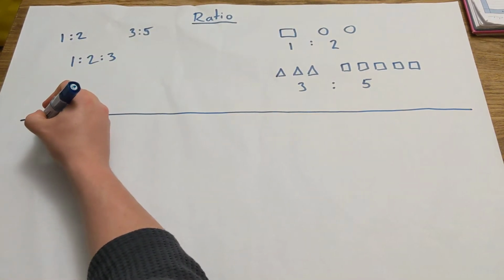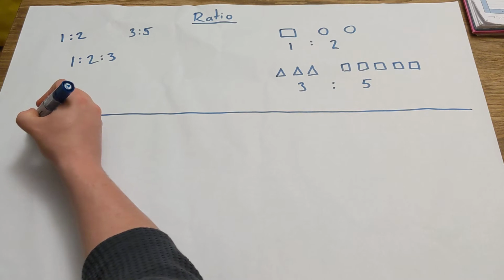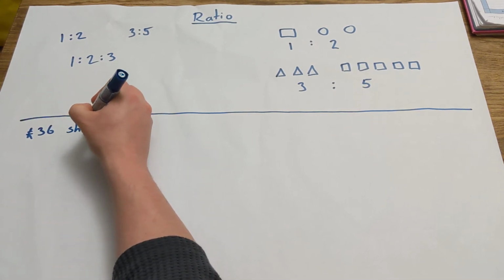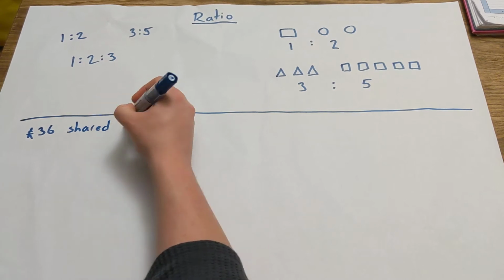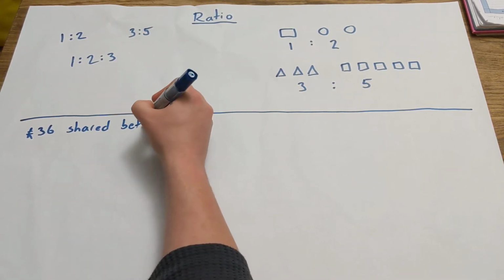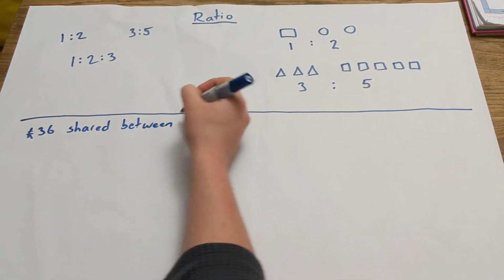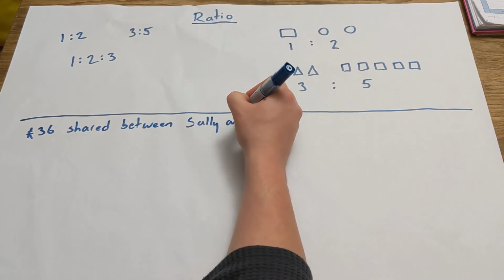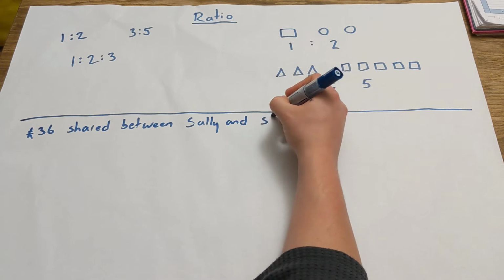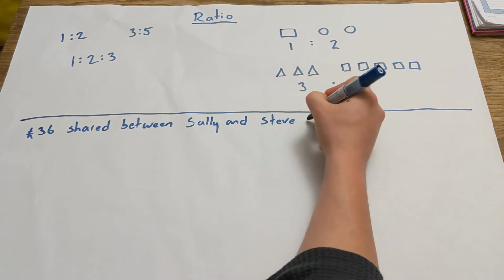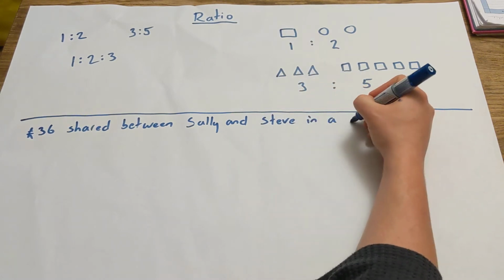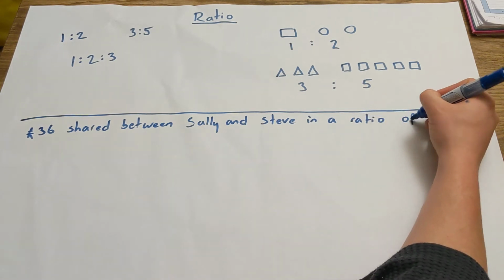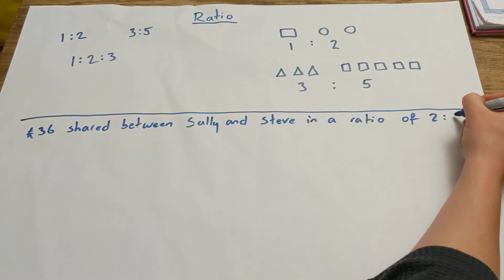We'll say we have £36 shared between Sally and Steve in a ratio of 2 to 1.